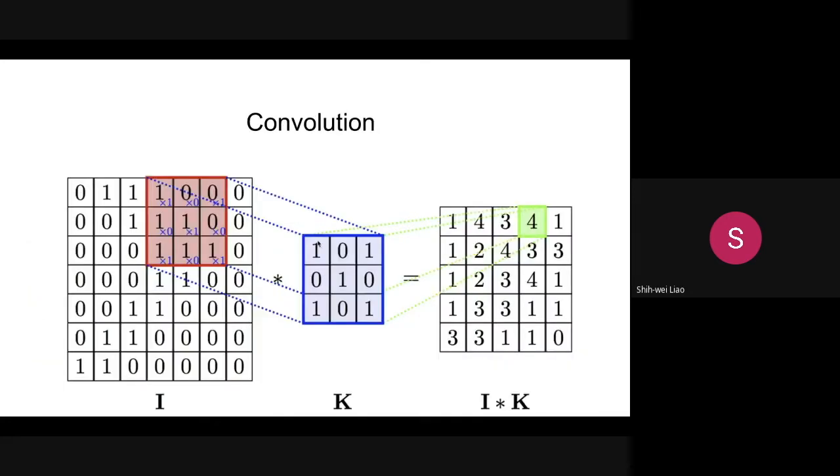If this convolution matrix is 3 by 3, and we slide the window across this input image, you can see why the resulting value will be 4, because when you do element-wise multiplication and accumulation, there are 4 overlapping ones, because the top left, the bottom left, and the bottom right are all ones in both the input image and the convolution matrix. And if you see the one here in the middle, then here is also 1.